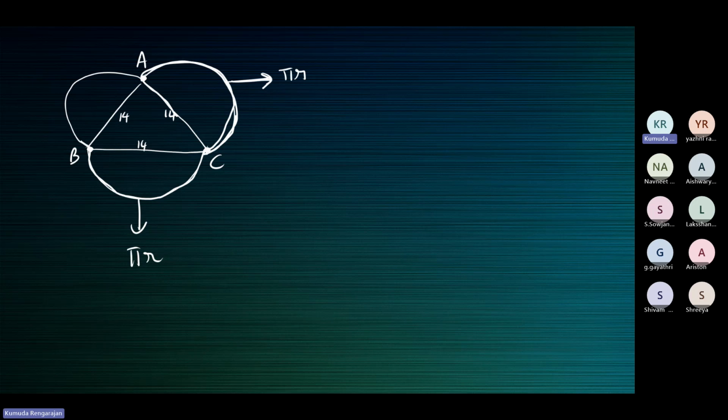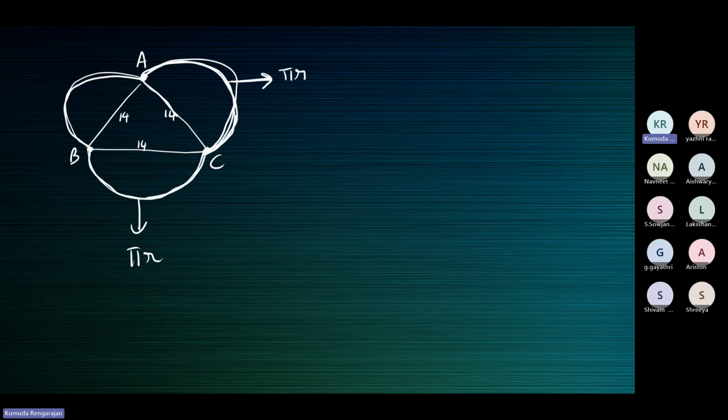And from B, you walk along this path to go back to the starting point A. So when we say perimeter, you need to start at a point, walk along the boundary and come back to the starting point. That means you have gone one round along the boundary of the closed figure. You started at A, walked along this path, and the distance covered is pi r.